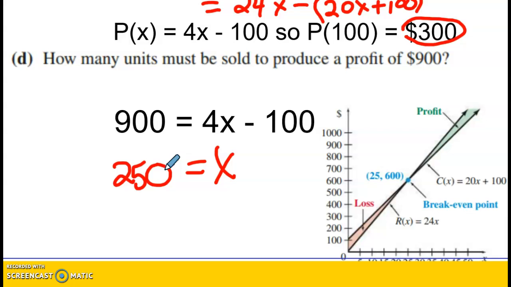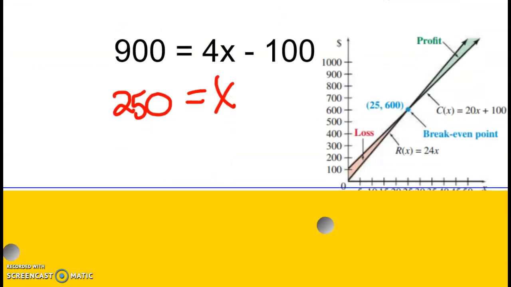All right. So I think that's about it. Here I just graphed for you the functions. The revenue function is just 24x. The cost function, where revenue equaled cost, was right here at 25, right?